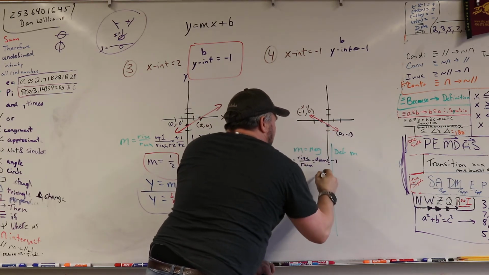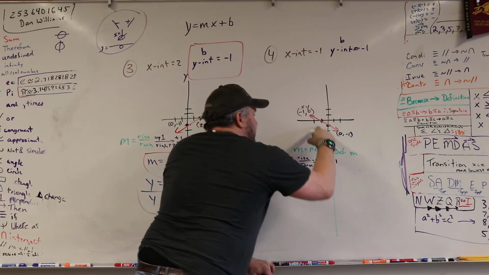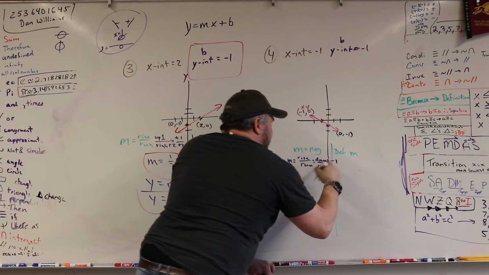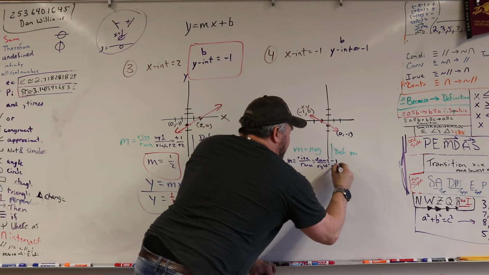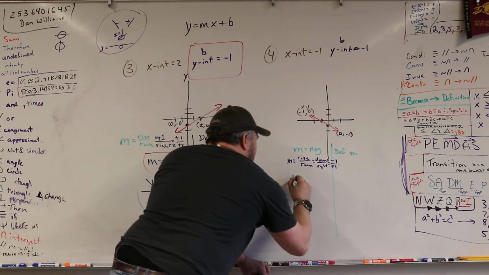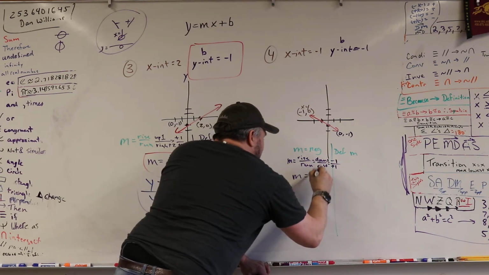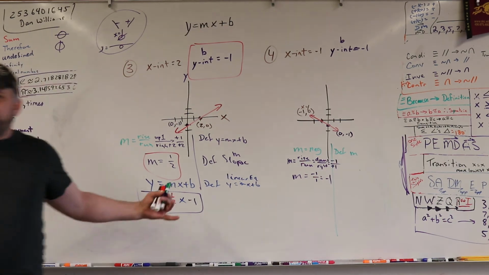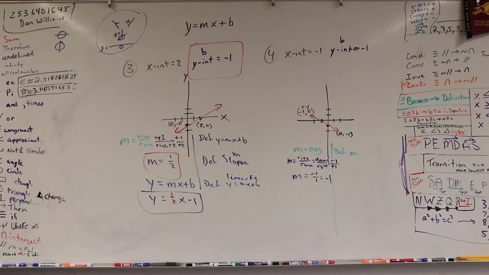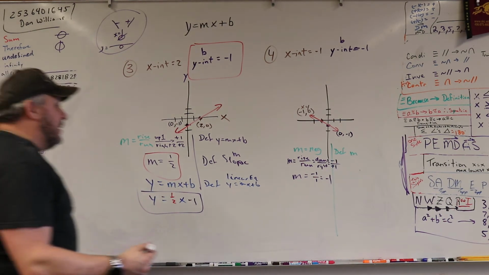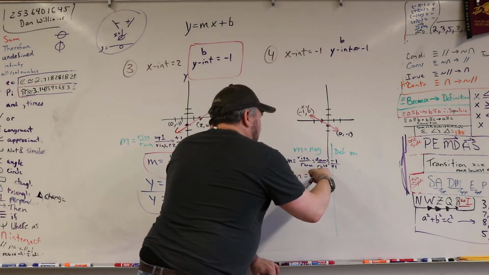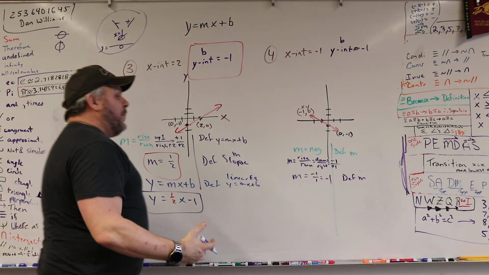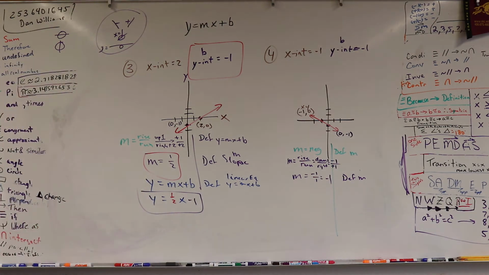So it's -1. And the run, I'm going right. So if I'm going right, that is +1. And so my m is therefore -1/1, which equals -1. That is my slope. Okay? Why? Again, definition of slope. Right?